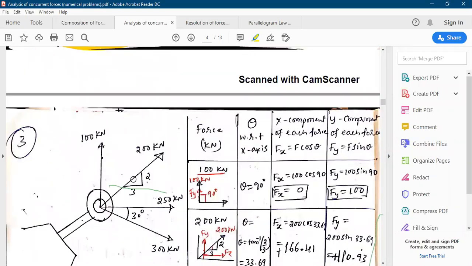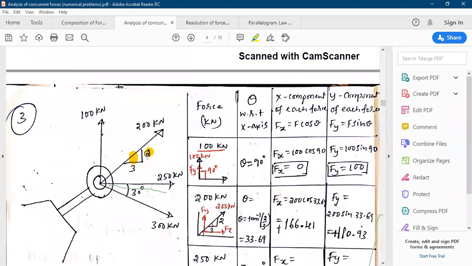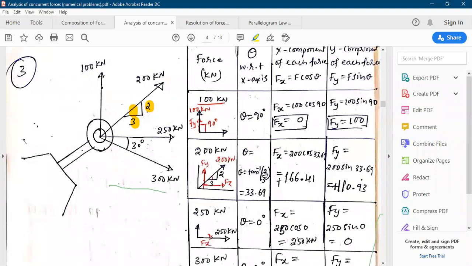Tan is equal to opposite by hypotenuse, so tan theta is equal to 2 by 3. Theta is equal to tan inverse of 2 by 3, which gives 33.69 for the 200 kilonewton force.